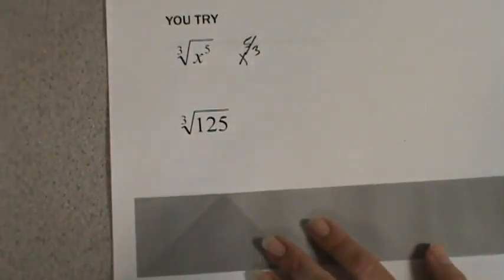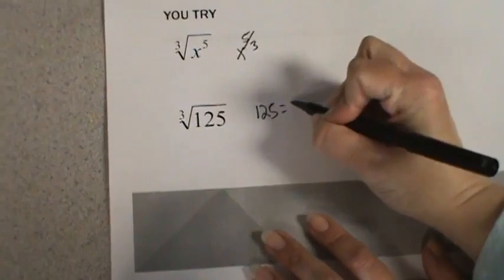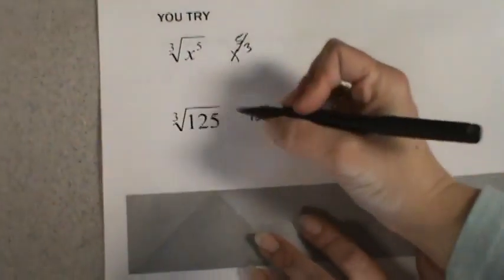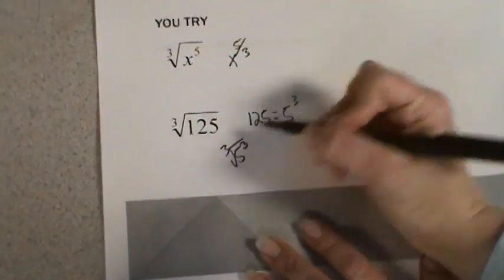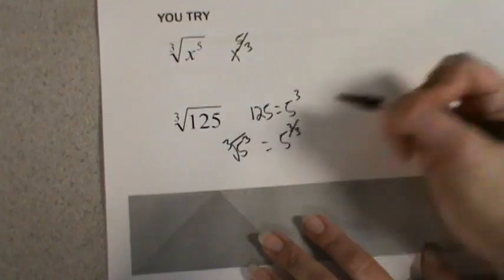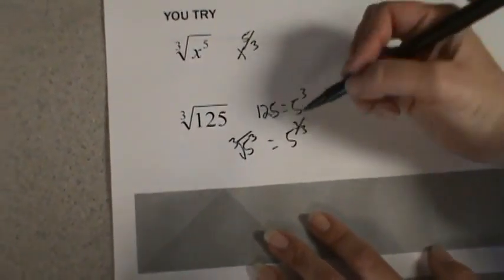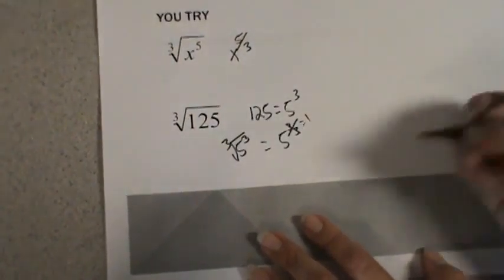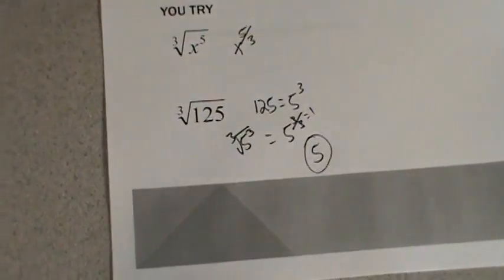If you look back at your perfect numbers, 125 equals 5 cubed. So we can write this as the cubed root of 5 cubed, which would give me 5 to the 3/3. Now we need to reduce the fraction. 3/3 reduces to 1, so this is just the same as the answer of 5.